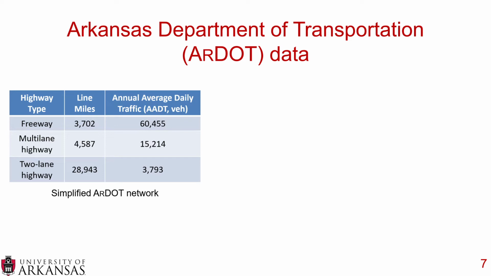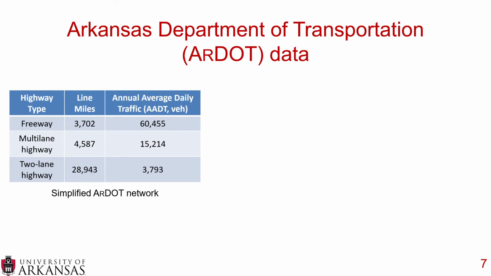So I simplified ARDOT's network a little bit into 3 different highway types: freeways, multi-lane highways, and 2-lane highways. And you can see this is a challenge that is common to many agencies, where as the highway type, as we go down that list, the lane miles increases significantly from 3,000 to about 4,500 to almost 29,000.